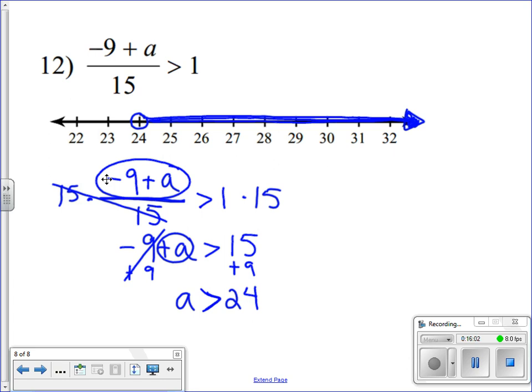I will probably give you some of these on a quiz as well, so make sure that you're ready for that. Make sure you're practicing. Again, it's the same rules to solve an inequality as it is for an equality, with one exception.